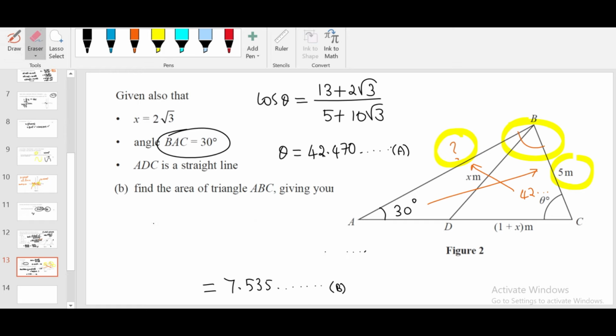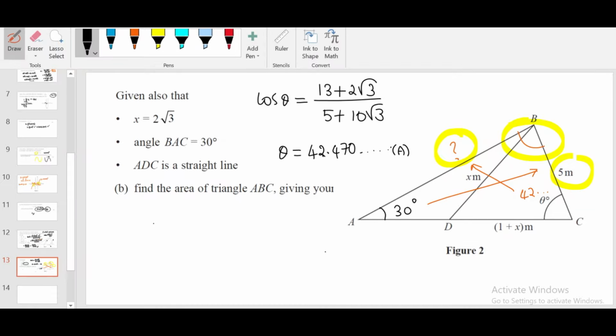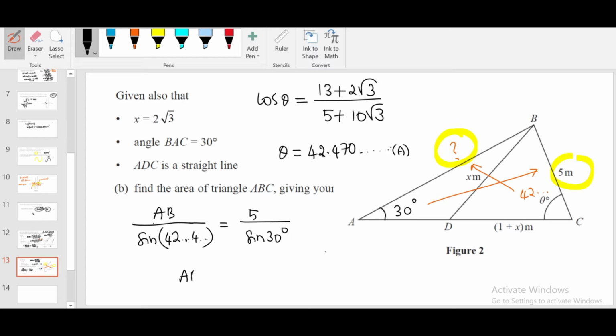So what I'm gonna do now, I'm gonna apply the sine rule first. I'm gonna apply sine rule to find the side AB. So it's going to be AB over sine 42.4 dot dot dot is equal to 5 over sine 30 degree. So AB is going to be 5 times sine 42.4 dot dot dot divided by sine 30 degree.